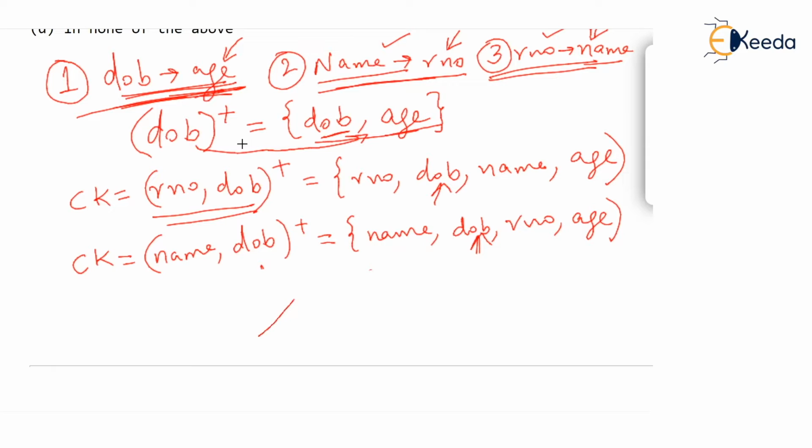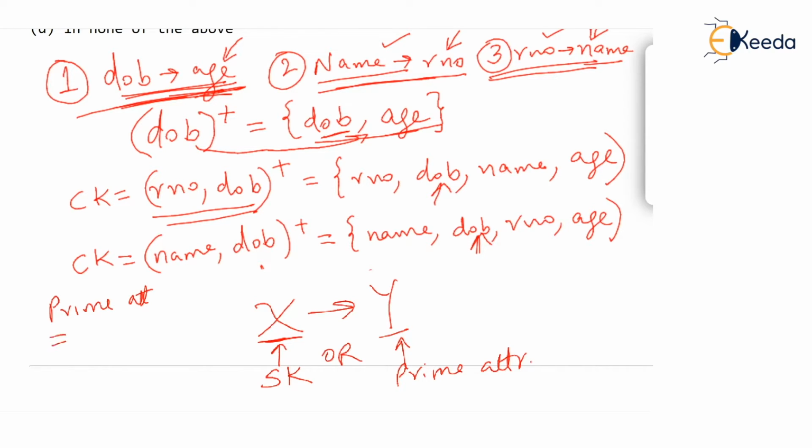Now the rule in 3NF is every non-trivial dependency X determines Y should be such that either left hand side has to be a super key or right hand side has to be a prime attribute. First of all, you find out who are the prime attributes over here. Prime attributes are those attributes which play a role in a candidate key.